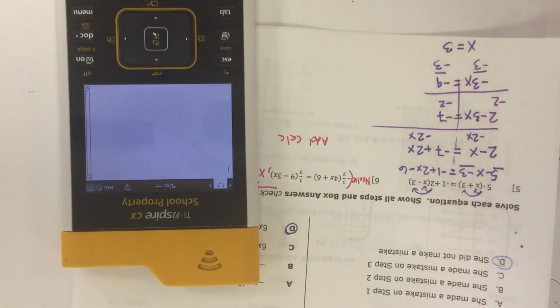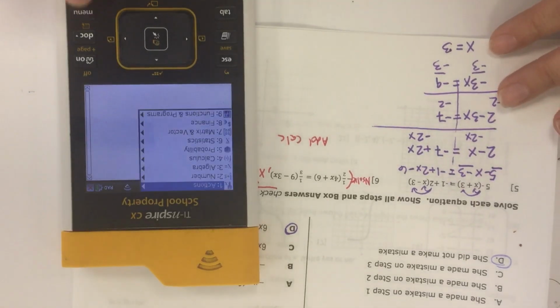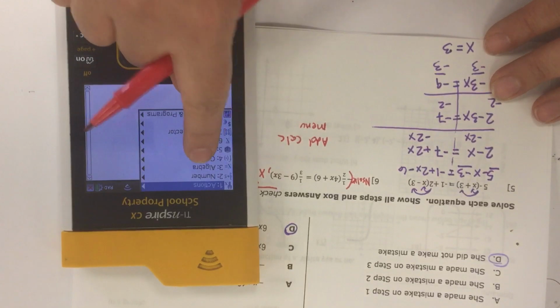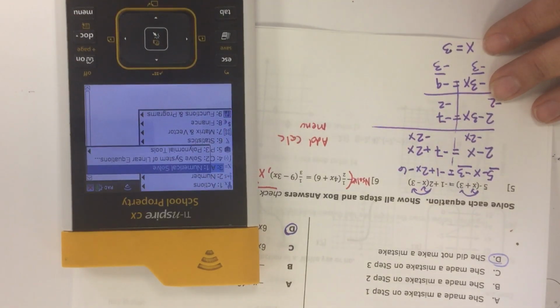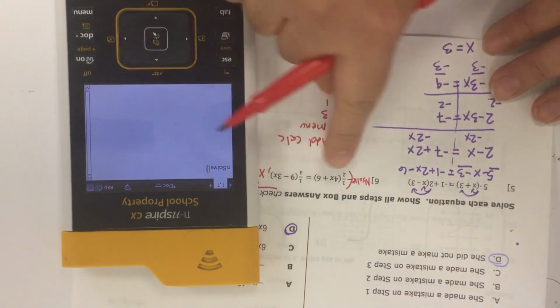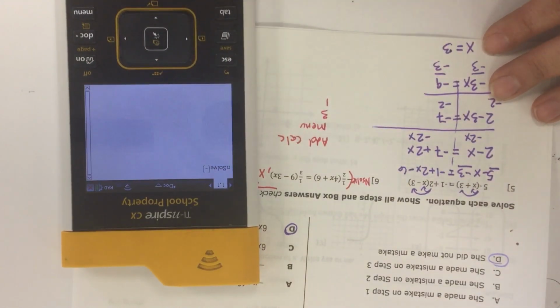So I'm in add a calculator. Then I'm going to go to menu, 3, 1. So there's the nsolve, and then I'm going to type it in. Control divide gives me my fraction. Open parenthesis, this is 4x plus 6, close, equals.